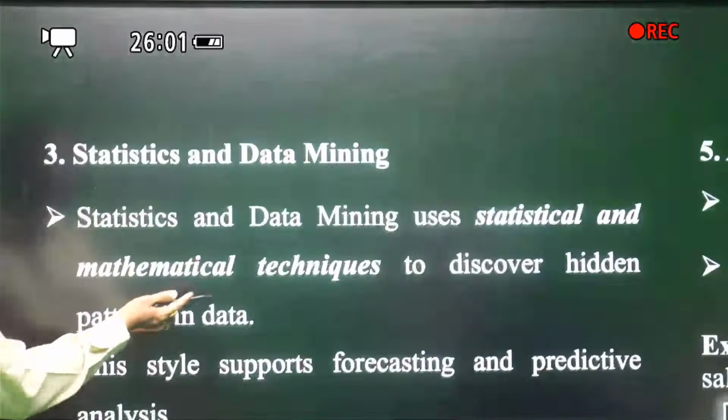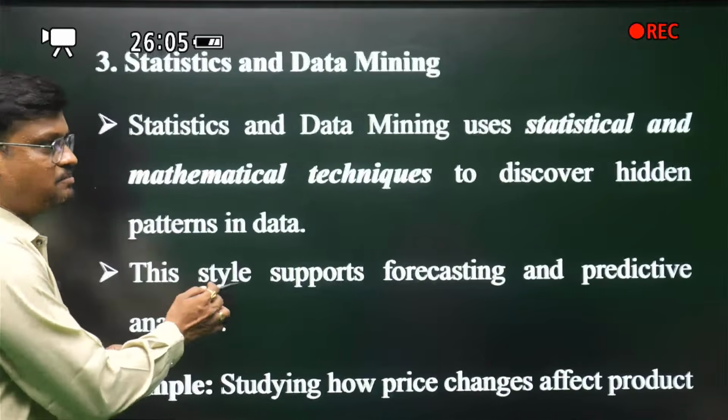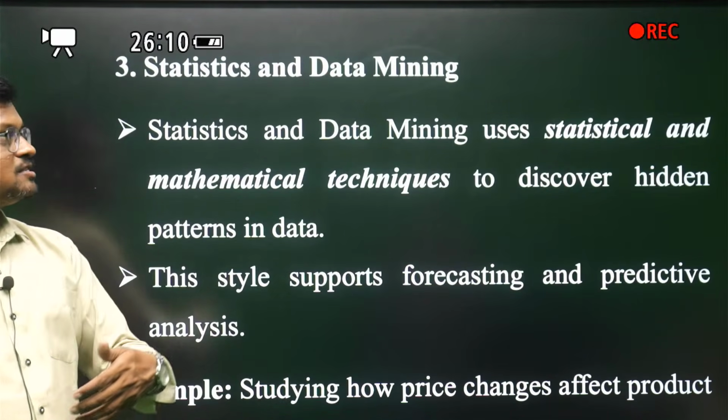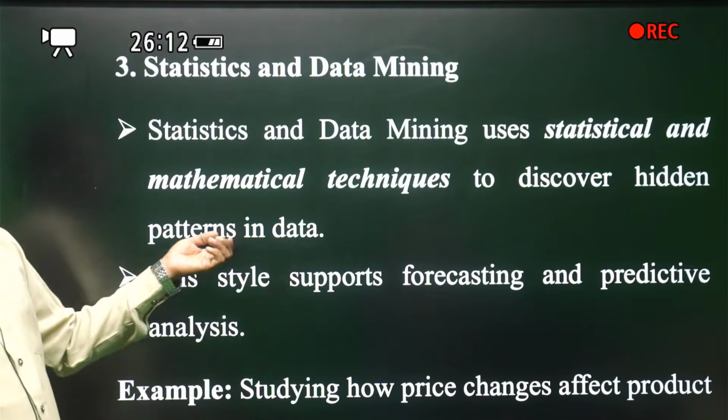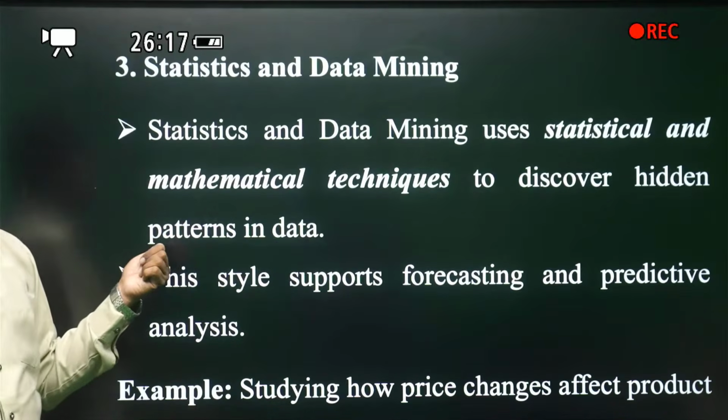Okay, so in data warehouses, we store our data in the form of multi-dimensional cubes, apart from our traditional database management systems. The third one is the implementation of mathematics or statistics and data mining. Data mining uses statistical and mathematical techniques to discover hidden patterns in the data.